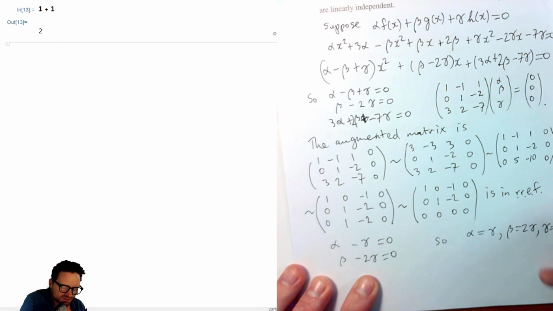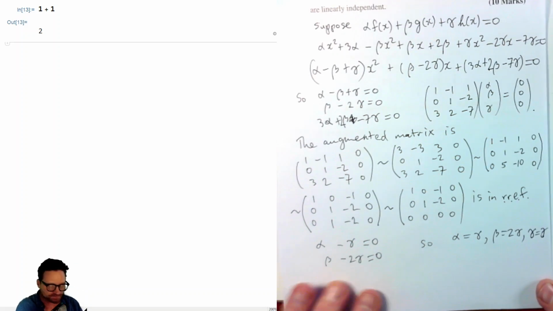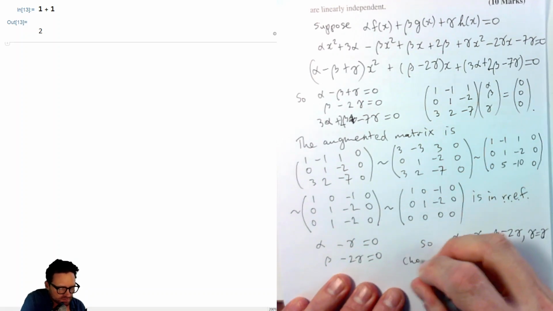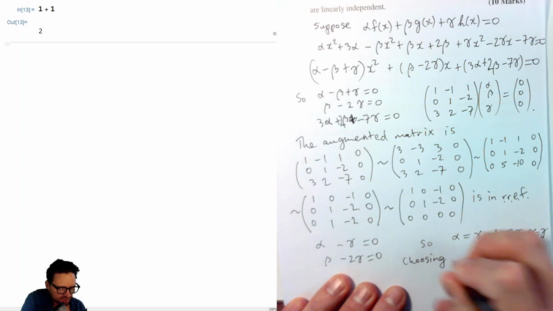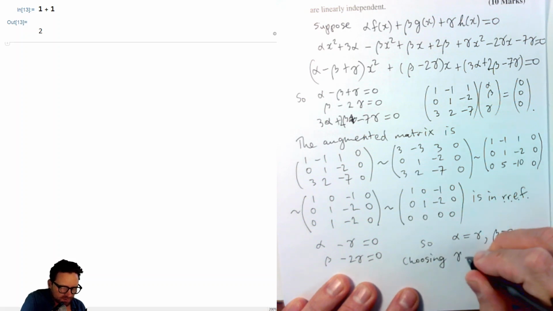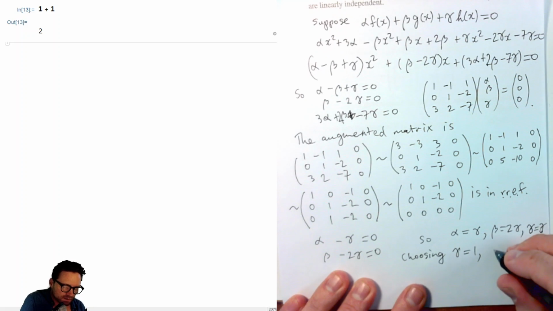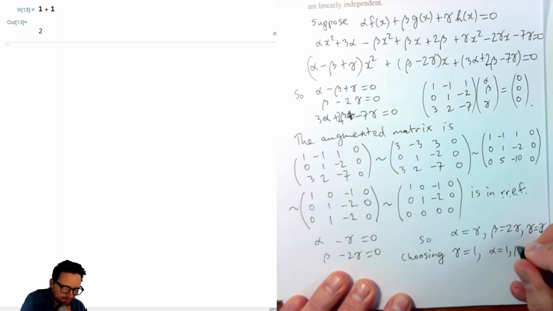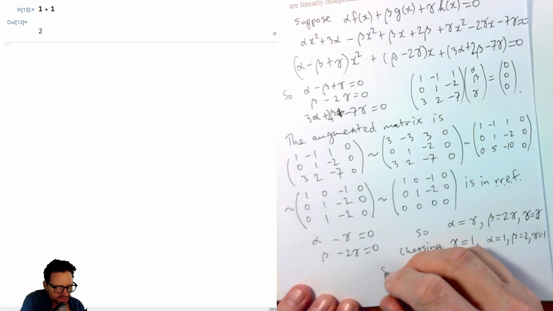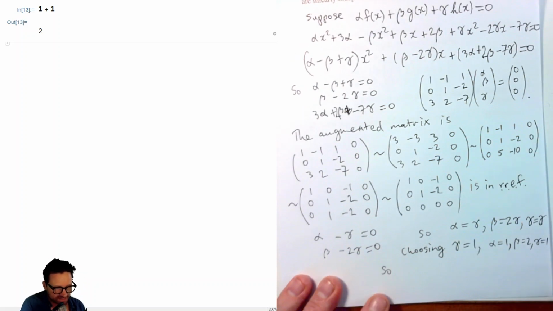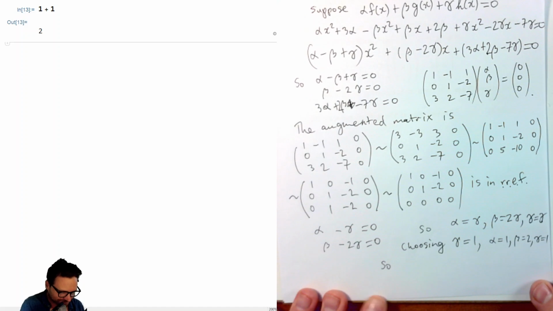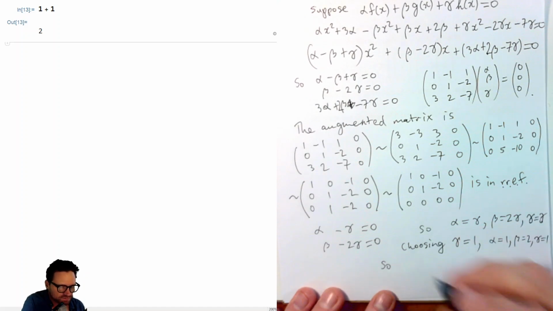And so now if we choose a value for gamma, so let's say choosing gamma equals 1, we have alpha is 1, beta is 2, and gamma is 1. And so this gives us the linear combination that gives us 0.